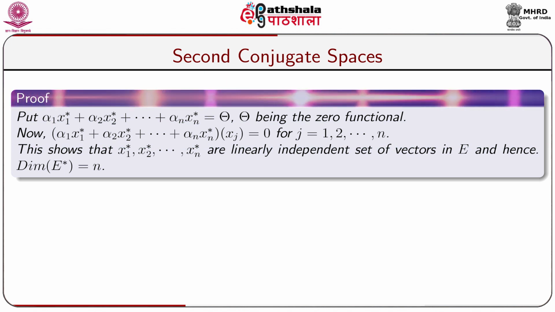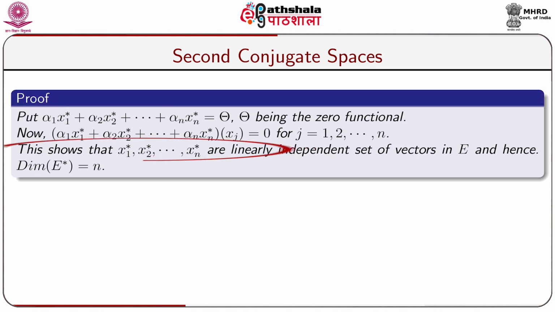This shows that alpha j is equal to 0 for all j equal to 1 up to n. That means x1 star, x2 star, ..., xn star are linearly independent. Hence, dimension of E star is equal to n.